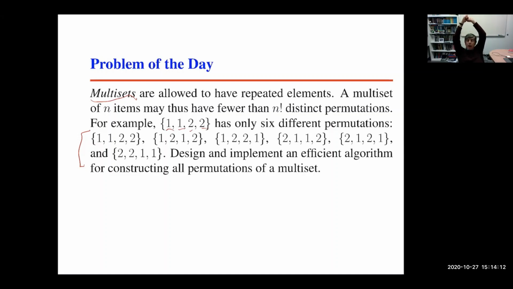How do we go about coming up with a backtracking solution for this? What is our strategy here? What does it mean to come up with a backtracking solution?